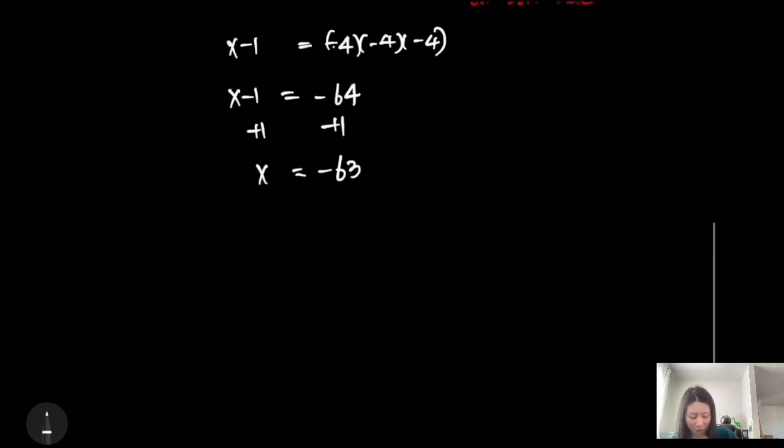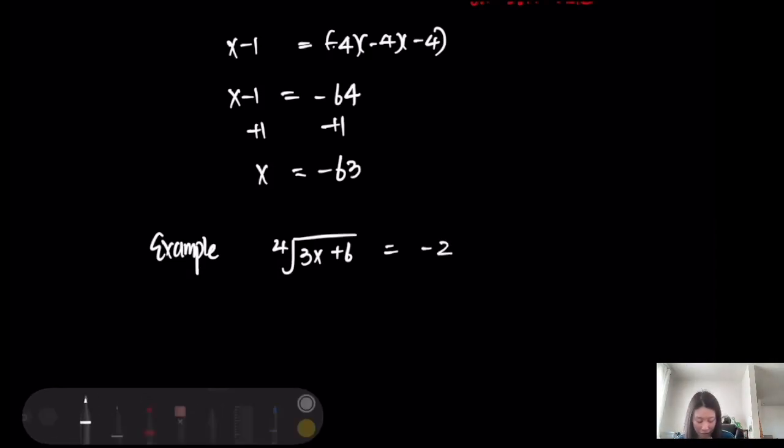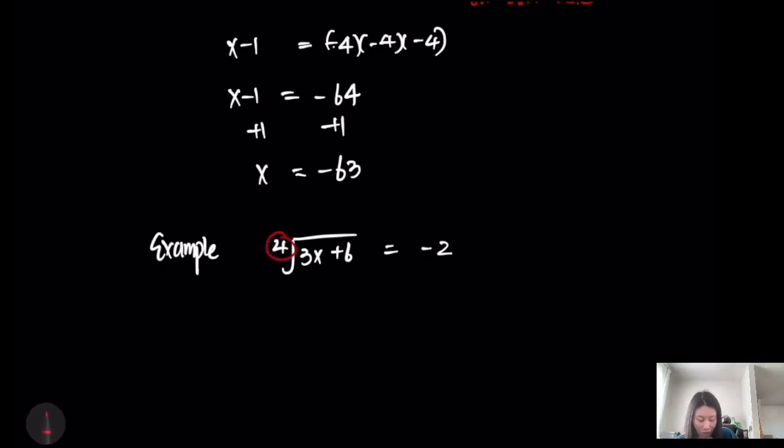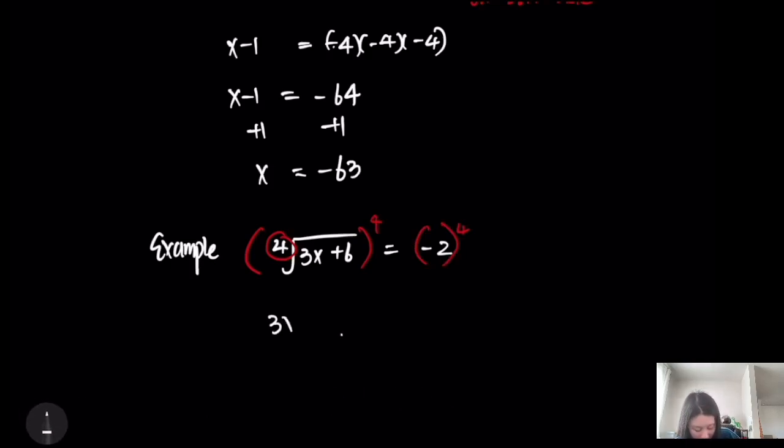Now if I see an example with a fourth root, the idea is similar. If you have a fourth root, that means you want to raise both sides to the fourth power. So I will have 3x plus 6 equals negative 2 to the fourth power.